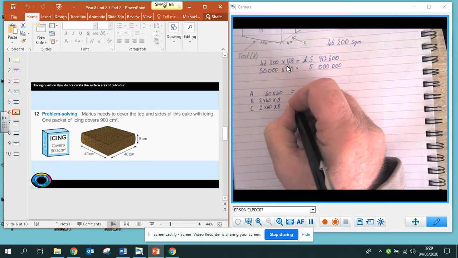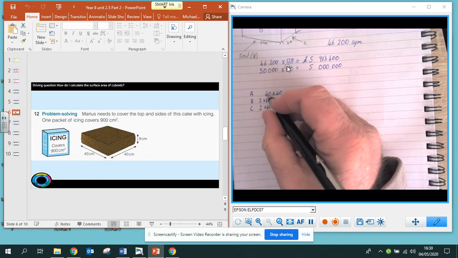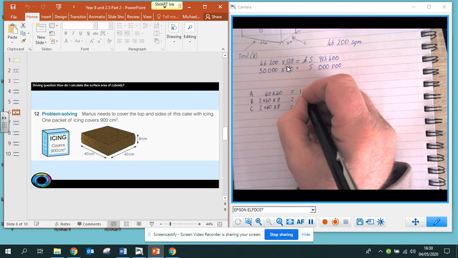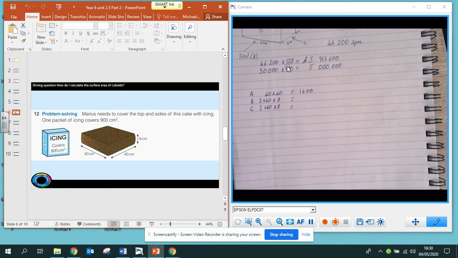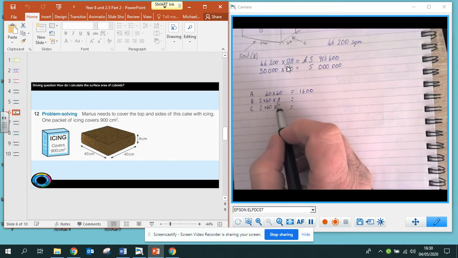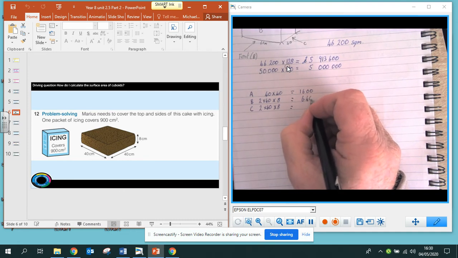These are our dimensions. So 4 times 4 is 16. I've missed out 2 zeros, so I've got to add those on to give me 1,600. 2 times 40 is 80. 8 times 80 is, well, 8 times 8 is 64, and I need to add a nought, so that will be 640.